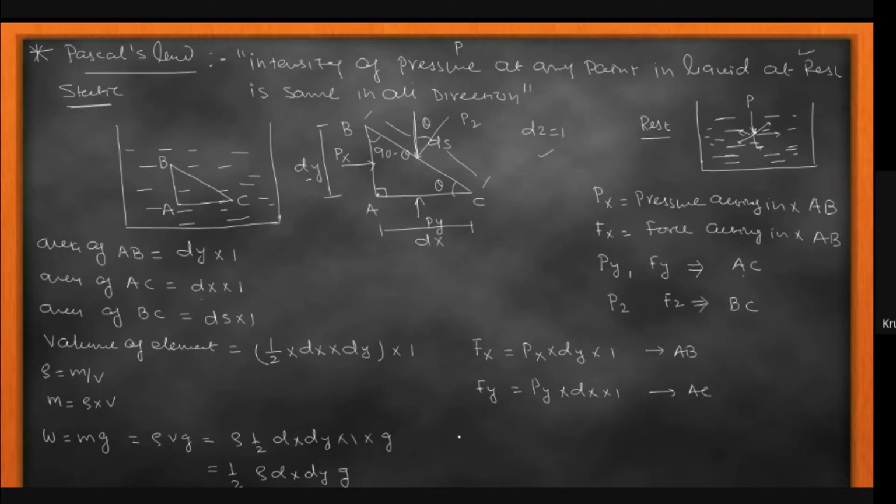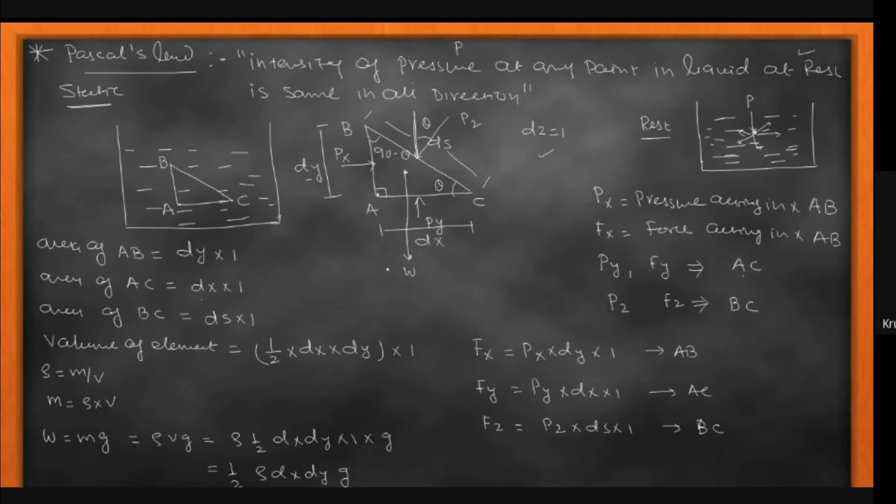Now for z, Fz, I am getting pz into the area of the BC surface, that is ds into 1. That is acting on the BC surface. So from the pressure intensity, I have converted all these into force, and all the force has units of Newton. Similarly here, the mass has units of kg, into g means meter per second square. So finally the unit of weight is also the Newton, and weight is acting on the CG, the center of gravity. So weight is acting over here, it is W.